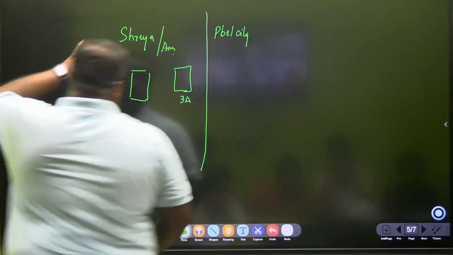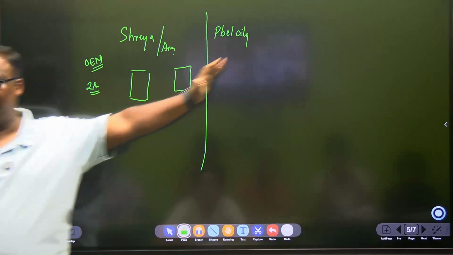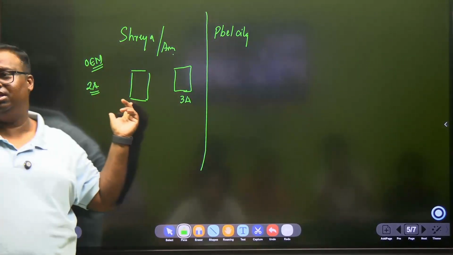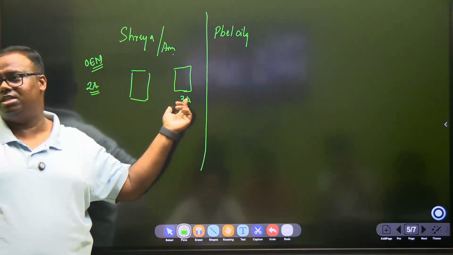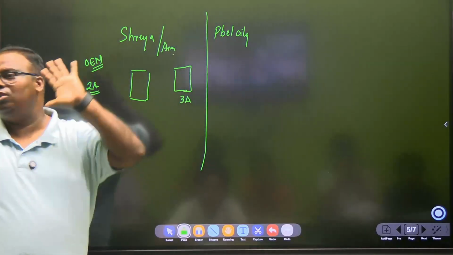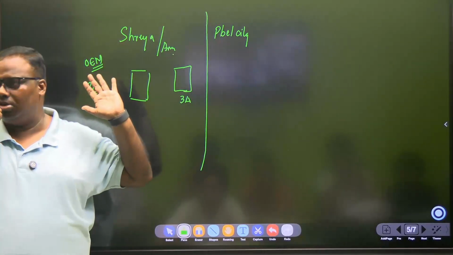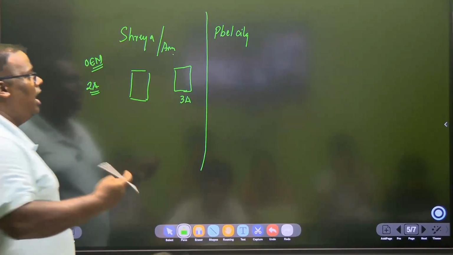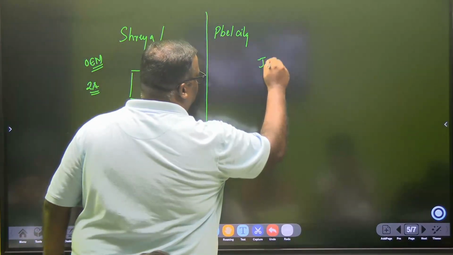Yes. Okay, so Shreya and Anurag have come to Pebble City to attend a birthday party. Shreya is carrying a phone which needs a 2 ampere charger. Anurag has a phone which has a 3 ampere charger. Both are coming with low battery to our place. Both are not carrying their chargers, right? And they come to my house, right?